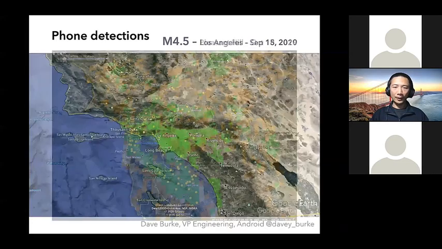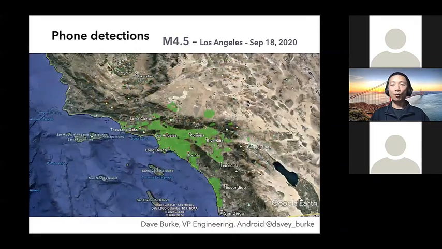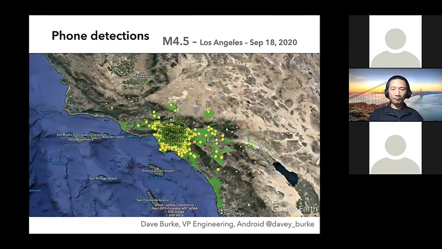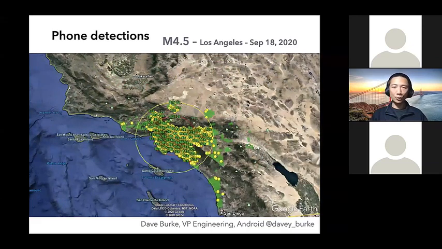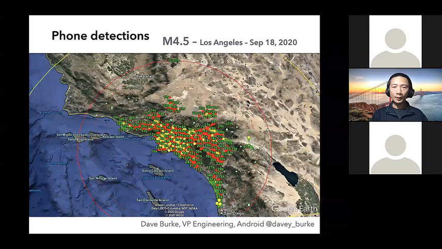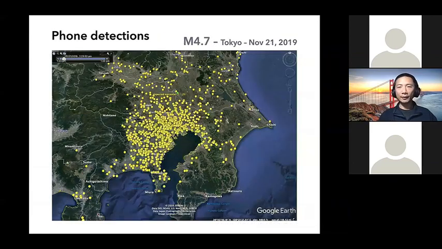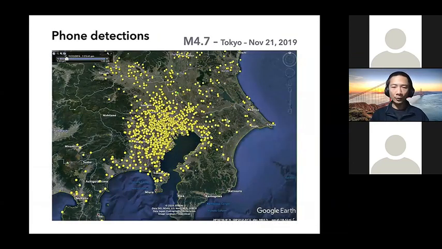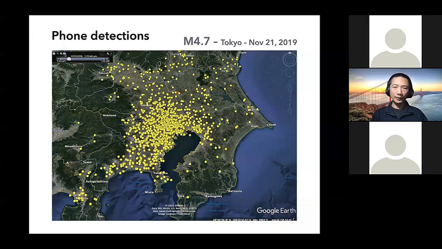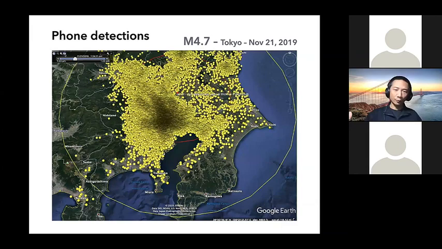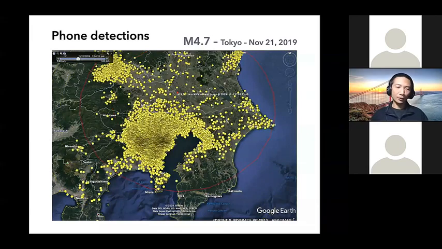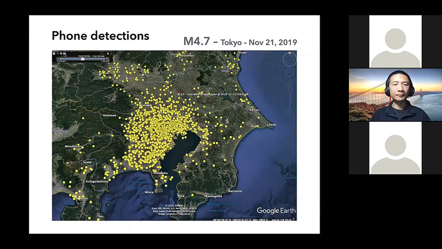This is the one that warned 2 million people, and you can also see the triggers of these phones in the region. This is a magnitude 4.7 event in Tokyo, recorded on massive numbers of phones. When the seismic wave travels across the region, it triggers all the phones in the region.